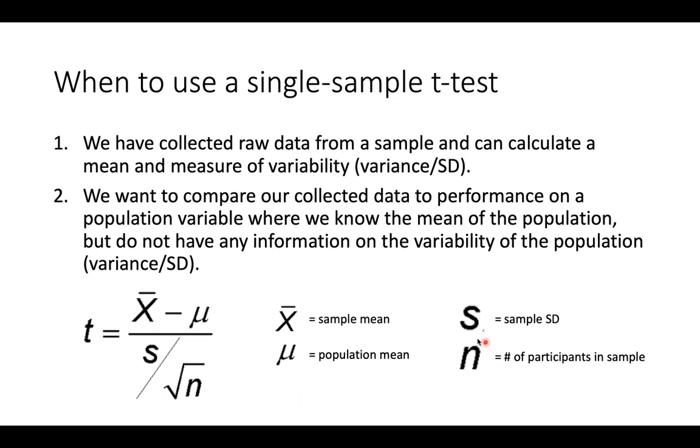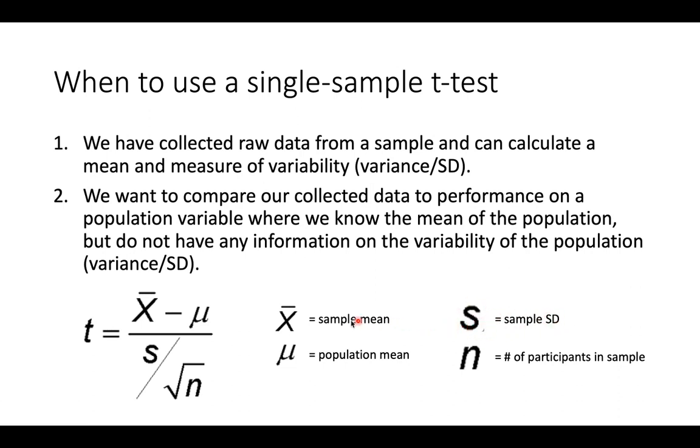So we're just going to call this N. N equals our number of participants in the sample, and in the situation where we use a single sample t-test, we have the mean of my sample, those people that I collected data on, and we're able to calculate their standard deviation. So the sample standard deviation, again, this S signifies the sample standard deviation. That's going to be interchangeable for us with SD as well.